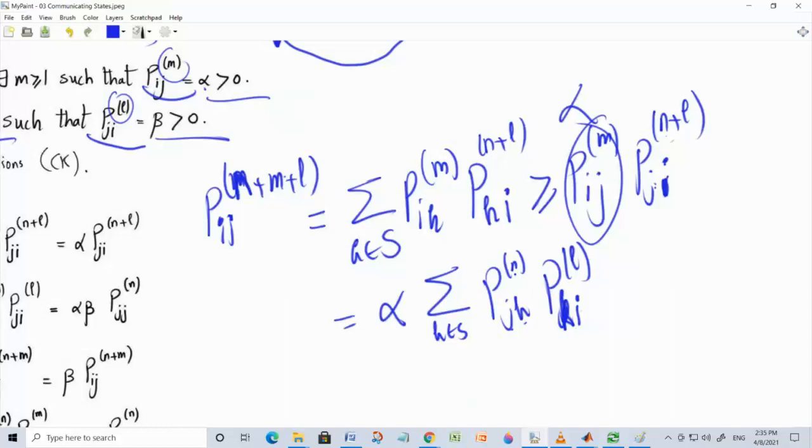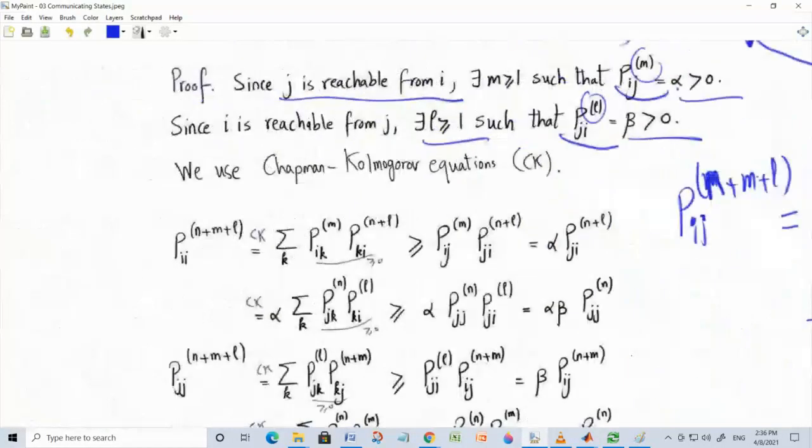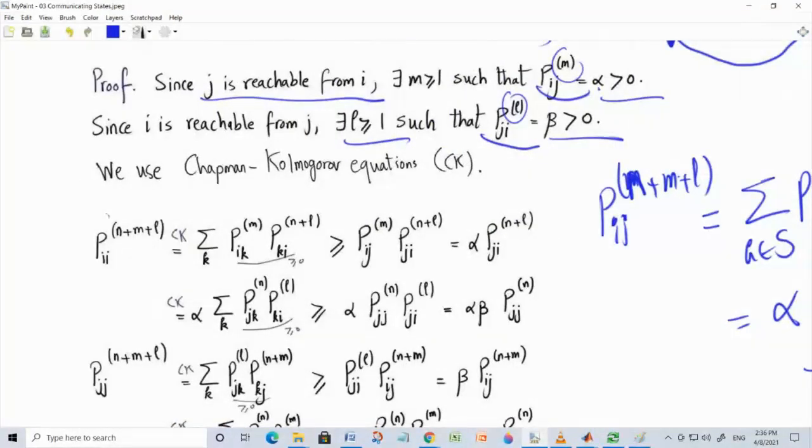Again, this is a sum of non-negative terms, so it is lower bounded by one of the terms, and one of the terms is Pjj of N, so I will choose K to be equal to J. The remaining factor Pji of L is what I called beta. And so now we have this very nice inequality that Pii of N plus M plus L is greater than or equal to alpha beta, which is a positive number, times Pjj of N.